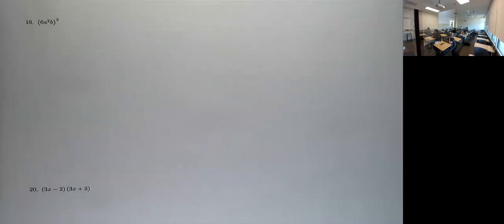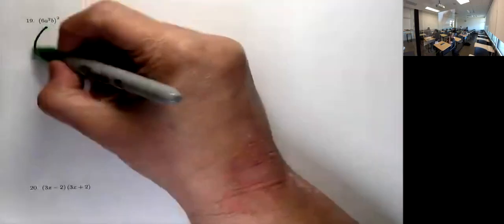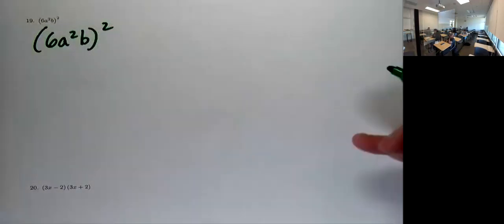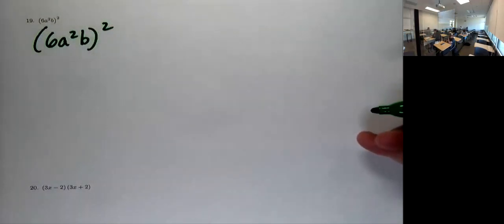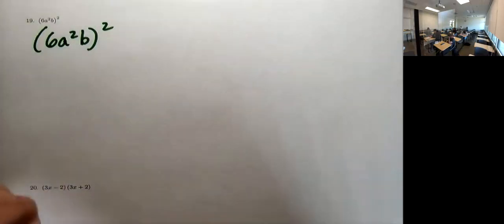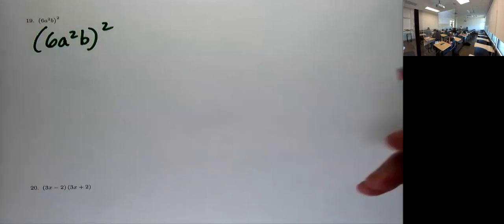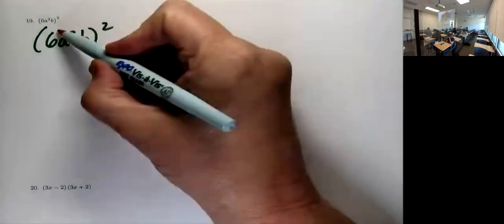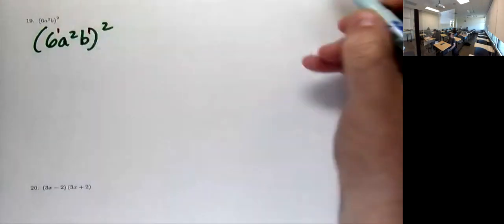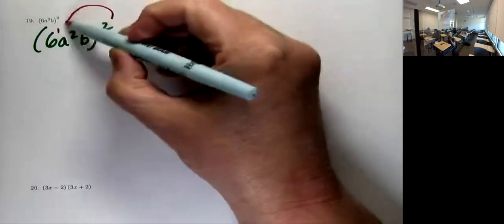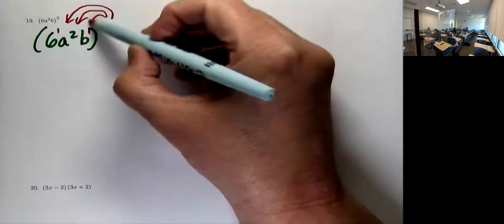do with animal husbandry. All right, so this in large says 6A squared B squared. Everything that doesn't have an exponent on the inside, I'm gonna put an exponent of 1 there. Because when you have an exponent on the outside, you multiply it by the exponents on the inside.